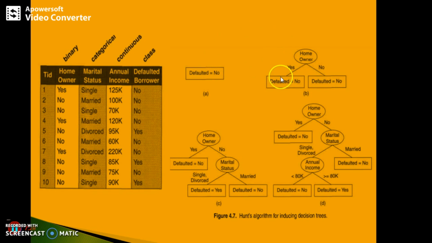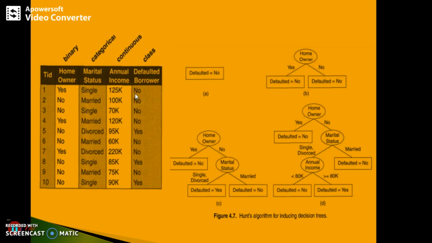Now you have to add the leaf node for this particular branch, for both left as well as right. How do we assign these leaf nodes? You just see in this dataset. People who own the house: the first record says that he belongs to the default borrower is equal to no class. That means one who owns the house has paid the loan.